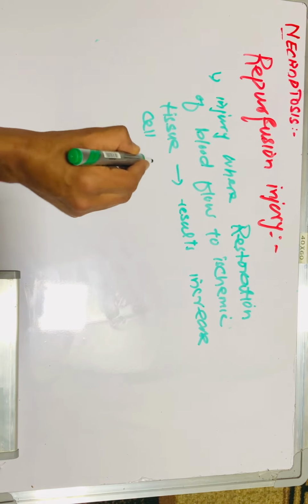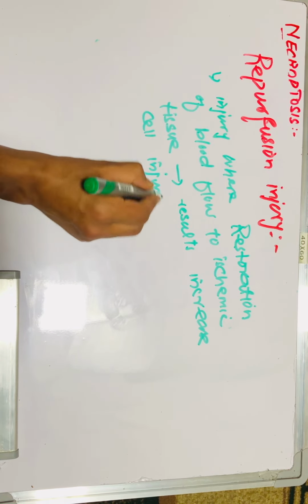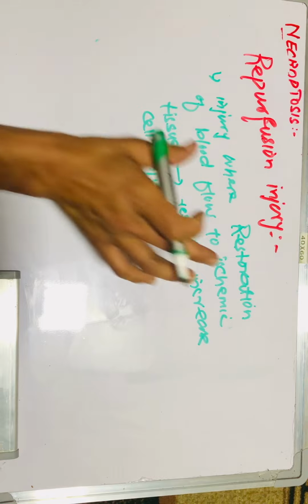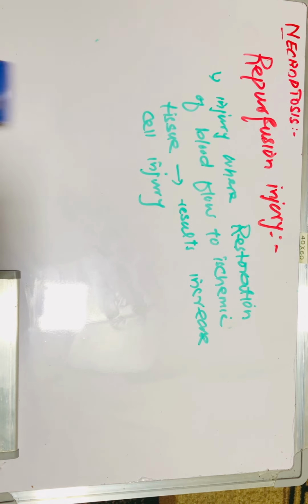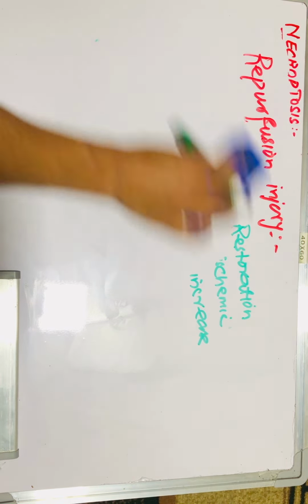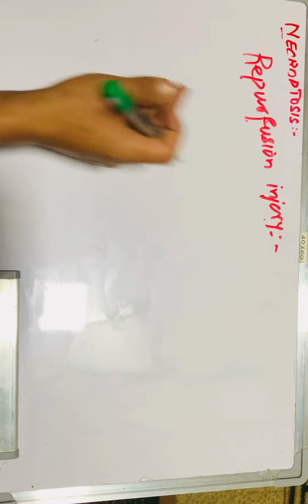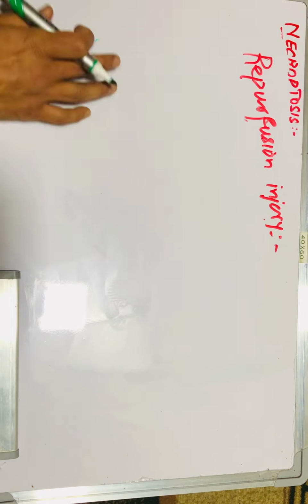Previously, this tissue was exposed to ischemic conditions where less blood comes to the tissue. When the blood is restored and it comes to the tissue, it leads to more injury to the tissue. This is called reperfusion injury.